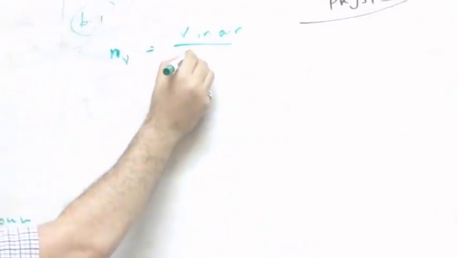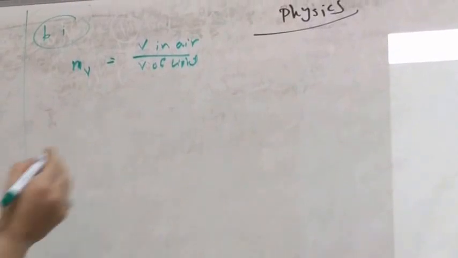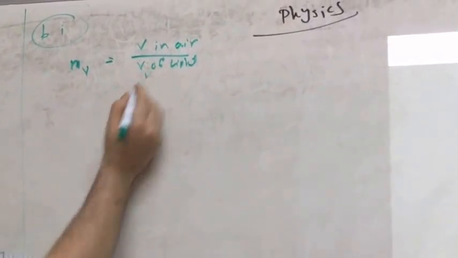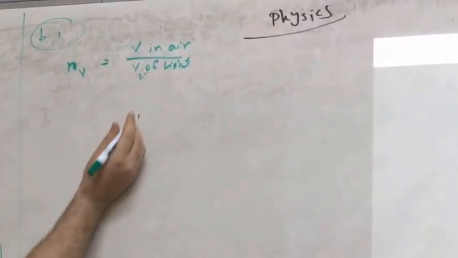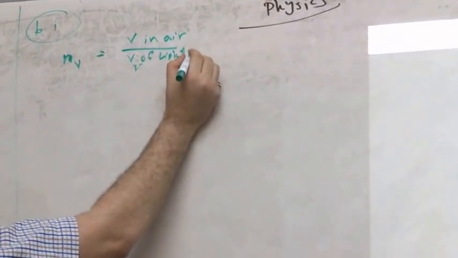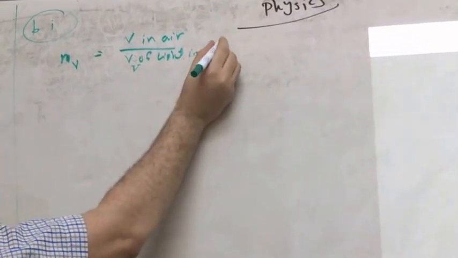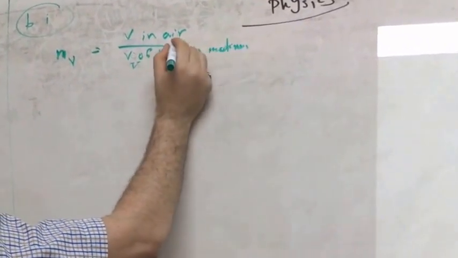So the speed of violet light in medium. This v is for violet, by the way. In medium. If you write medium, it's okay. If you write glass, it's okay.